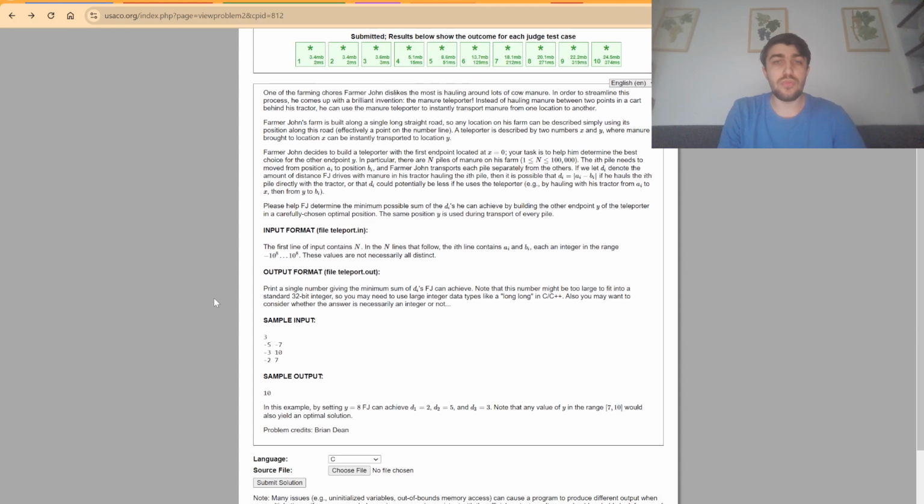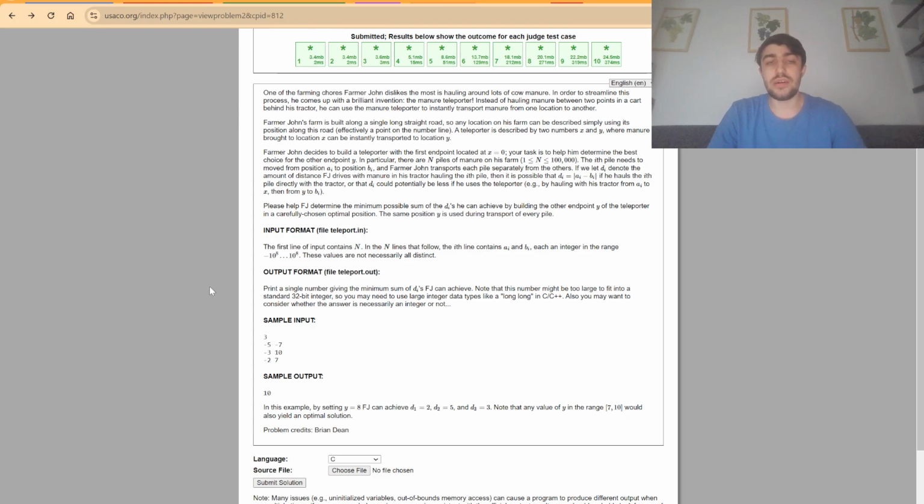So in this problem, we are given n pairs of points, and for each pair of points, we know the starting position as well as the ending position. And Farmer John has a choice to make for each of the pairs of points.